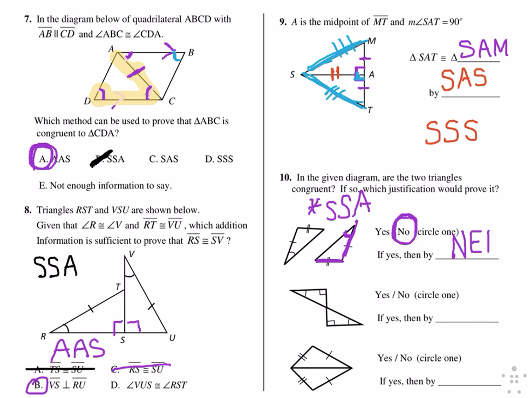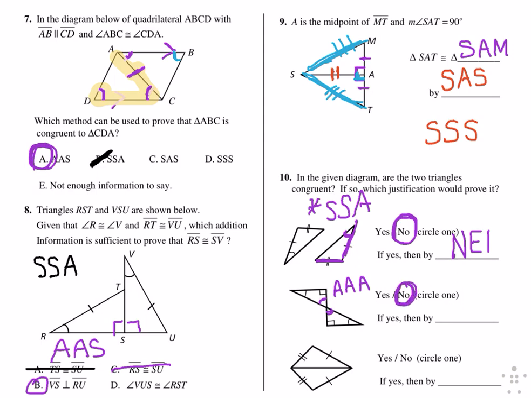The next one, we have a pair of vertical angles right here. So the only information that we see are the 3 angles inside of the triangle. So we can see that the angles in both of these triangles are congruent. Well, that's not enough information.